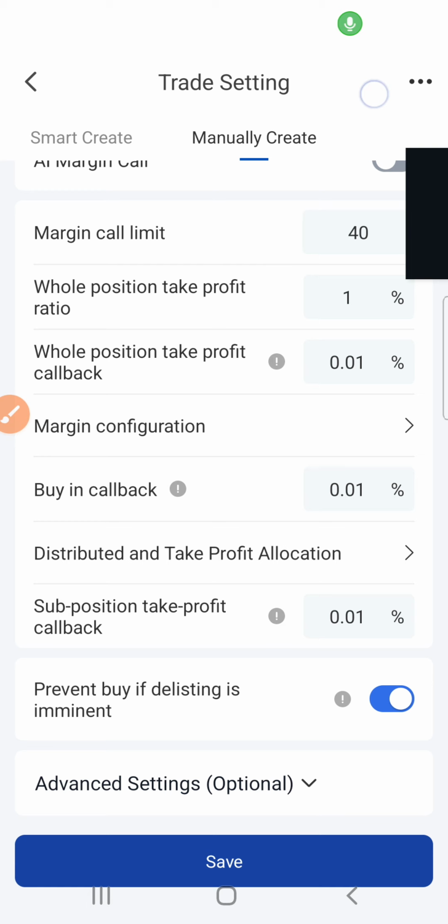It will come back to negative 2, and that's when the robot is going to sell. It means if you wanted the 3%, you will not take 3%, you will take 1% because the negative 2 is already deducted. So when you're setting this callback, be very careful and mind what you're putting there.